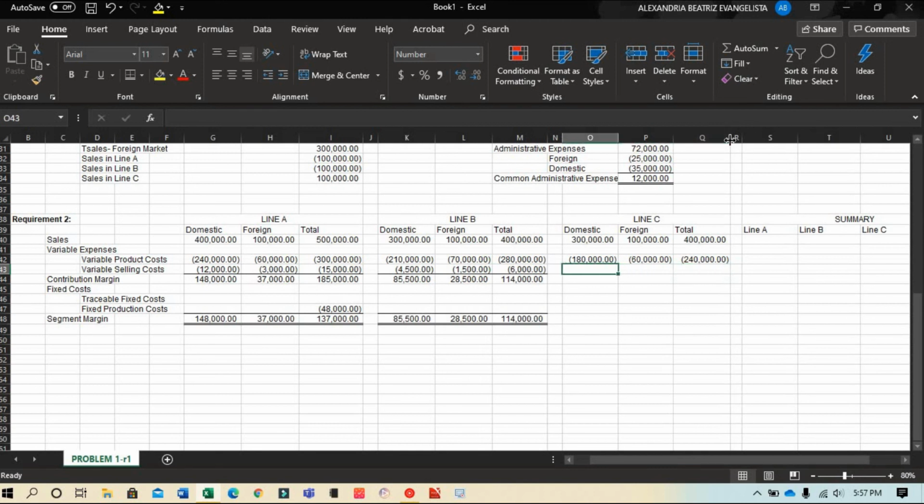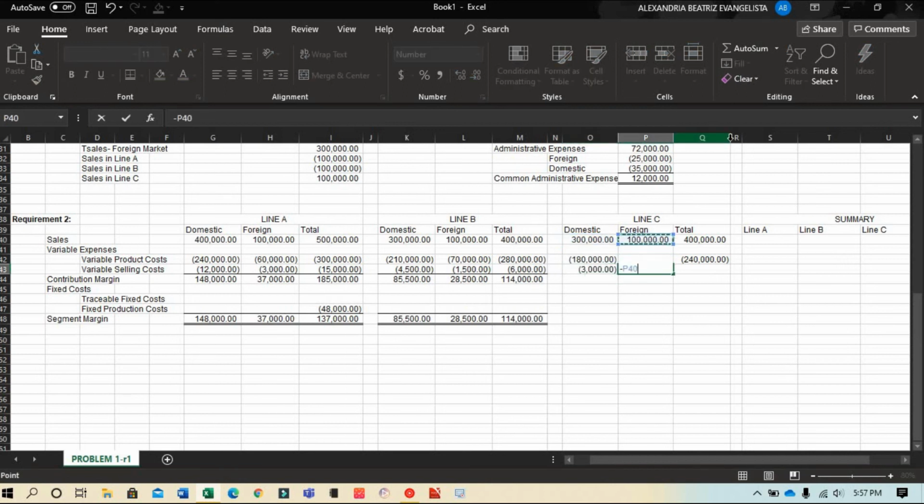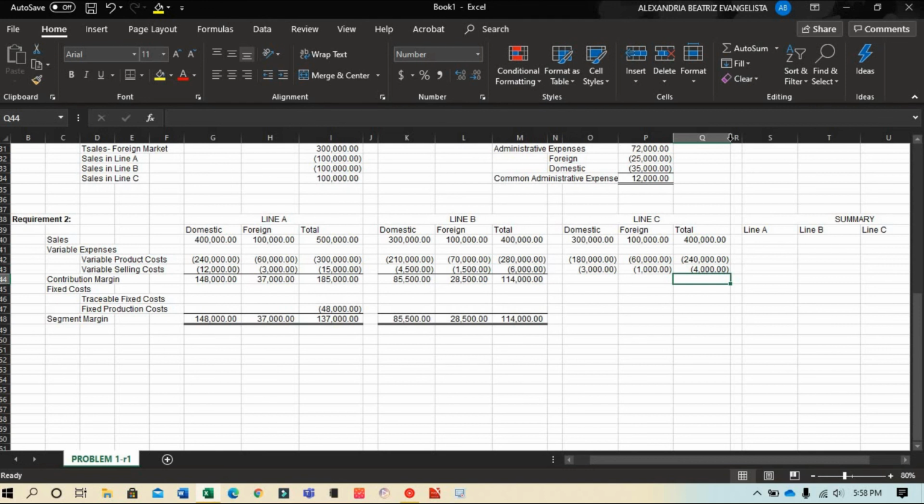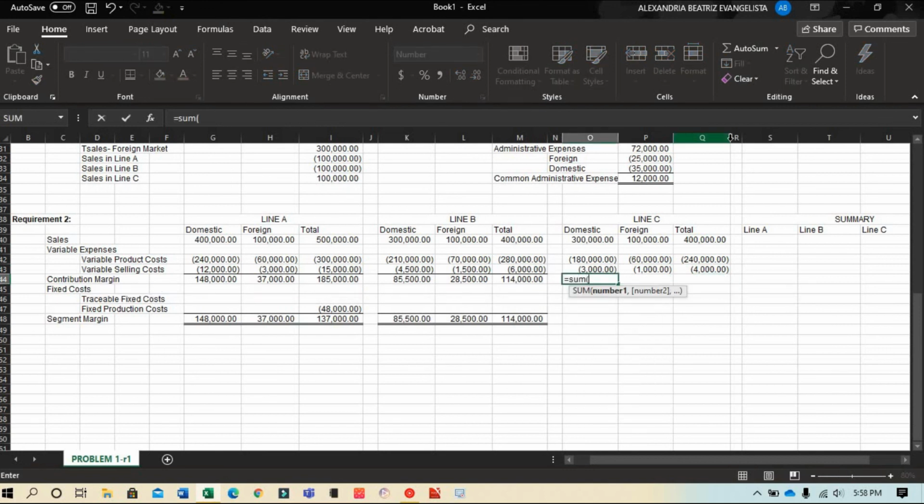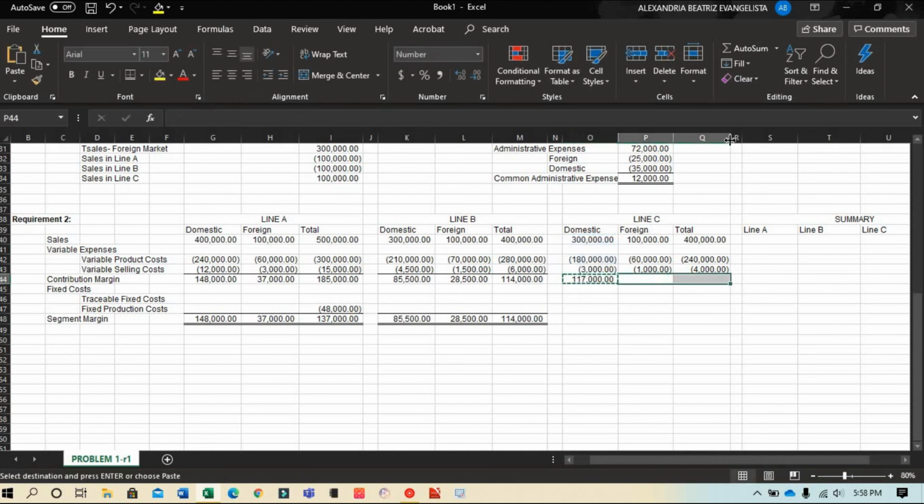And for the variable selling cost, it is 1% of sales for both markets. And the total variable selling cost for line C is 4,000. Now we're going to compute for the contribution margin of both markets and the total.